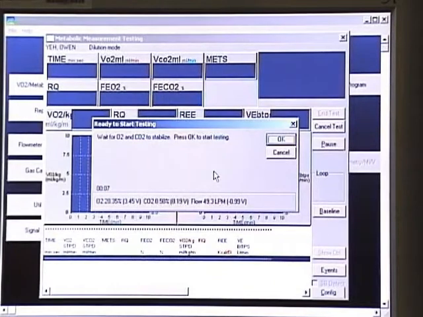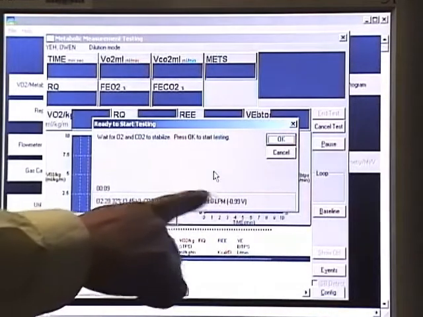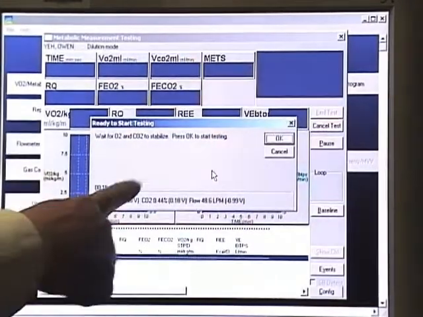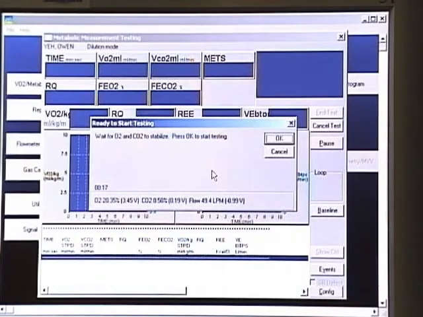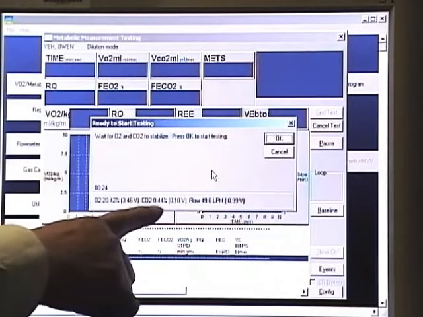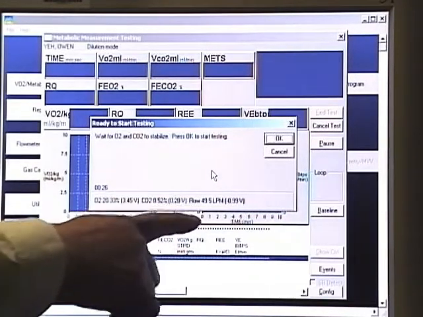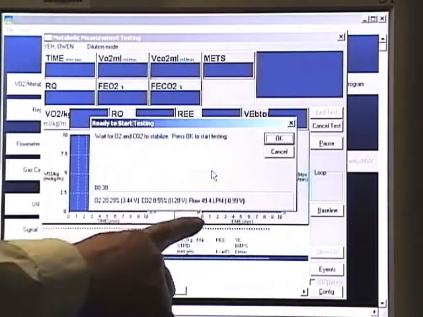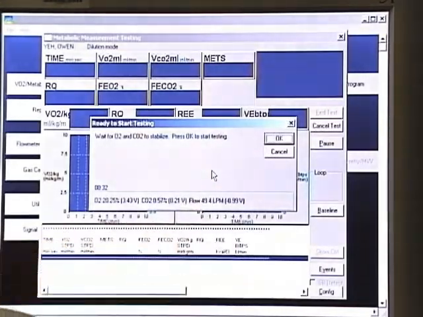Here, the flow rate for most people should be 15 to 30. And we want the FeCO2 between 1.0 to 1.2%. So this CO2 should be much higher by reducing the flow rate. So we are going to adjust the flow rate to 30 to start with.